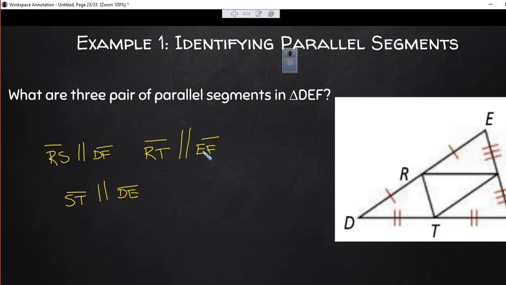So we have three sets of parallel sides: RS parallel to DF, RT parallel to EF, and ST parallel to DE.